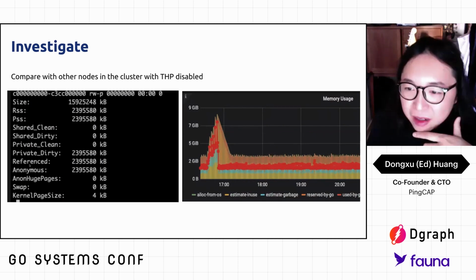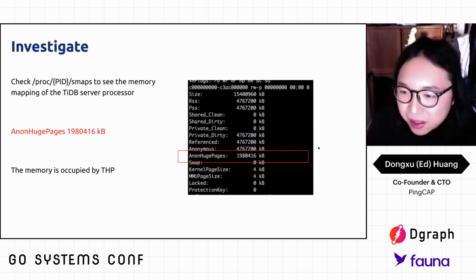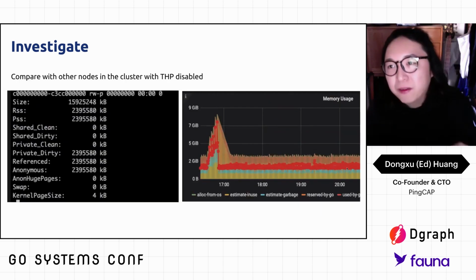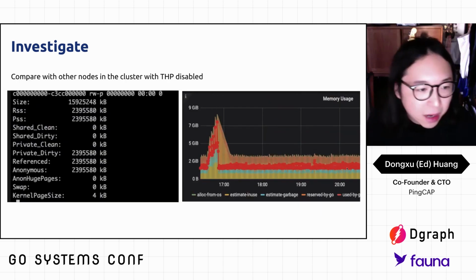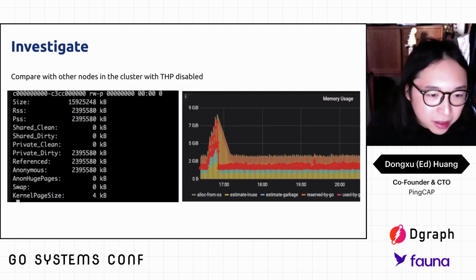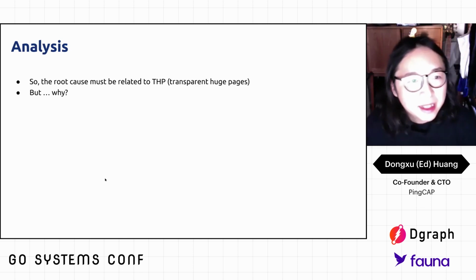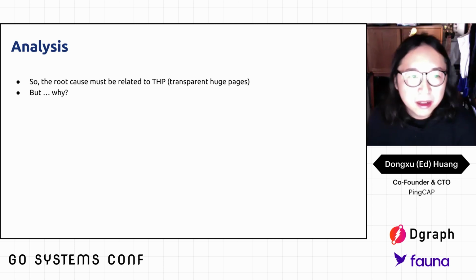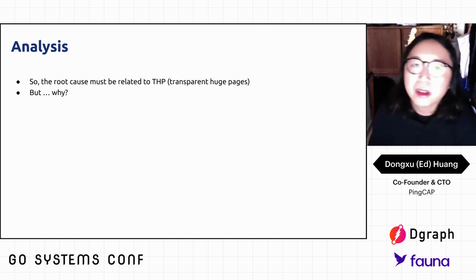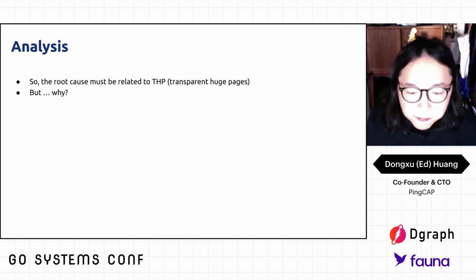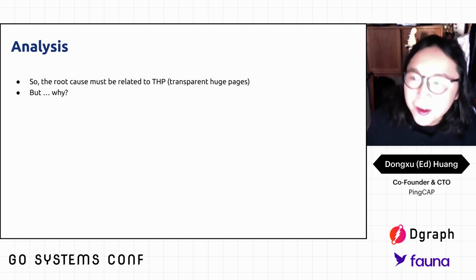It is just the memory managed by Go's runtime, and we can see that the huge pages is 0 KB. So we think the root cause must be related to THP, but why?